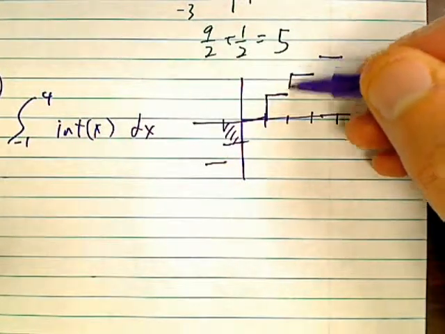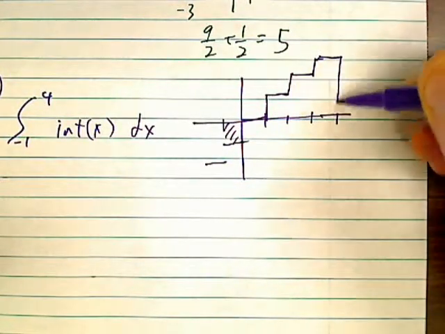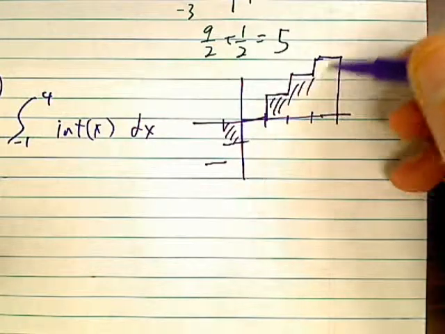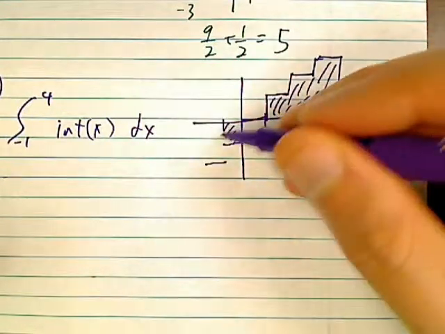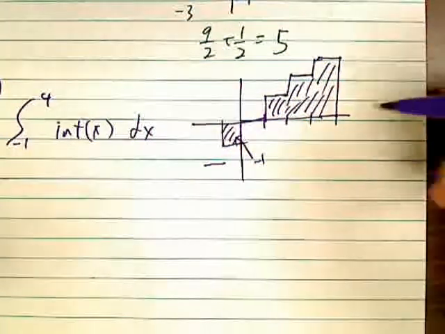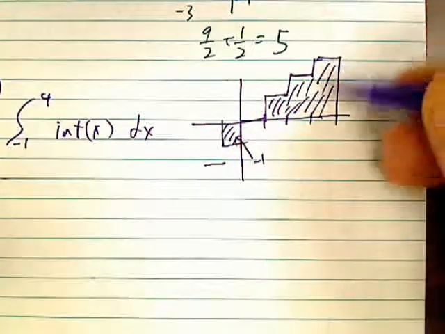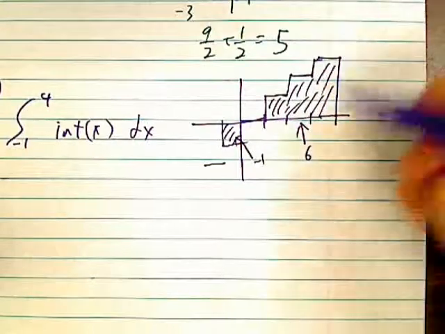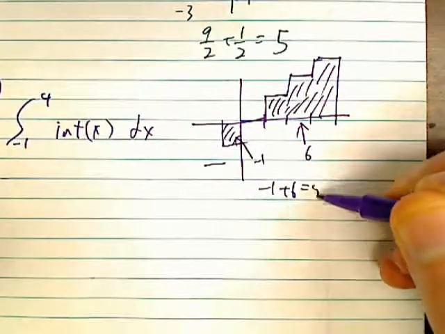Okay, and it was all this area here. Okay, and so this was a -1. There's just a bunch of squares here. This was 6, so -1 plus 6 gave me 5.